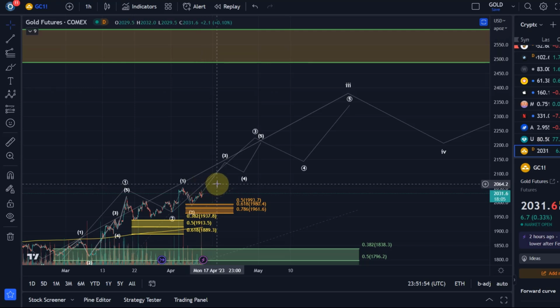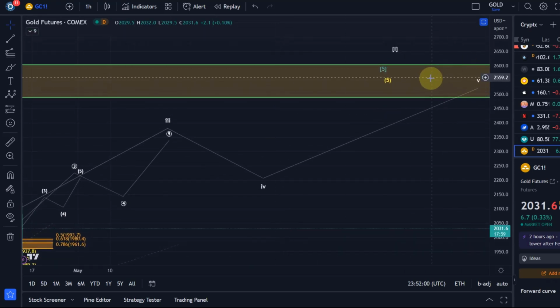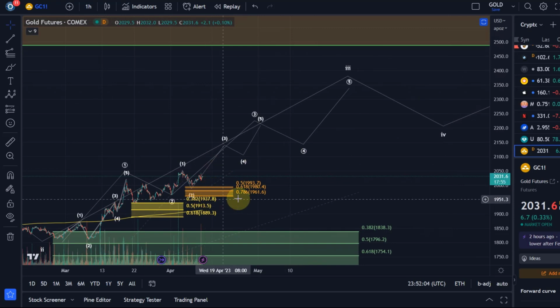Because if the overall target of this move is sort of the $2,500 range eventually, now that will take months, maybe even a year to get there. But you might just be risking here, whatever, $40, but you could gain a few hundred. Then this is a decent reward to risk ratio. So that's how it's supposed to be understood.